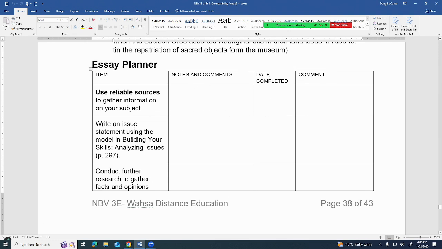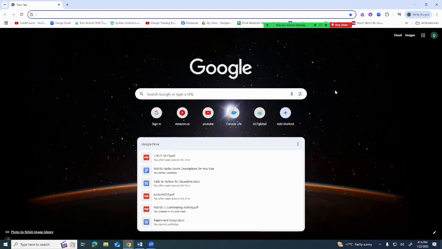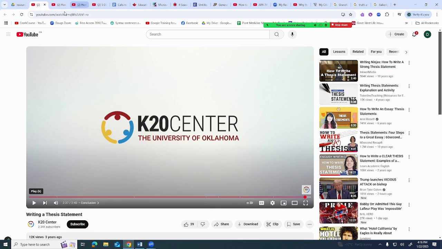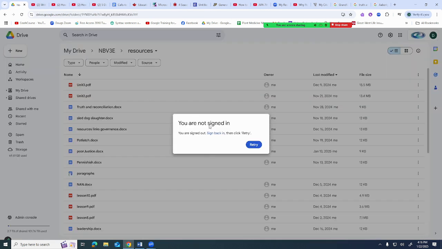Write an issue statement using the model of building your skills, analyzing issues. That's on page 297. Let's take a quick look at that for you. Oh, they want me to sign back in.